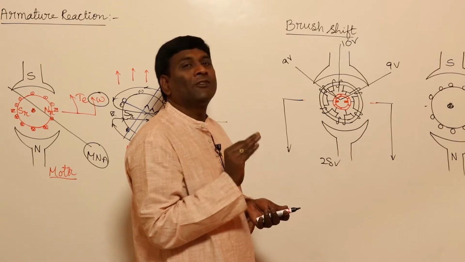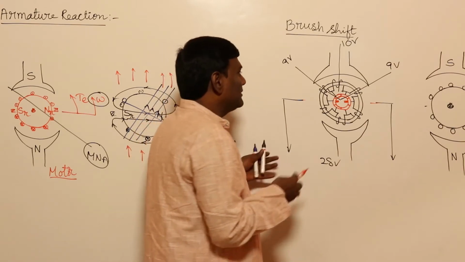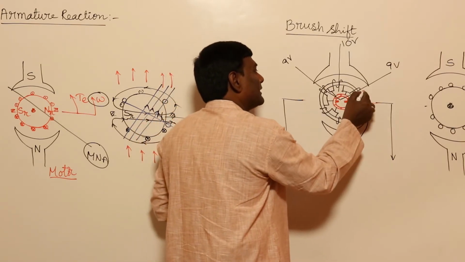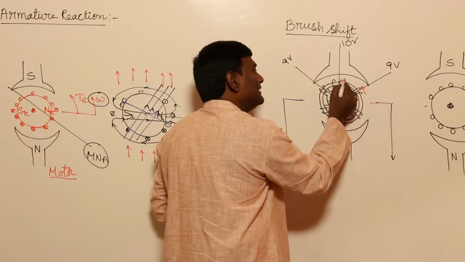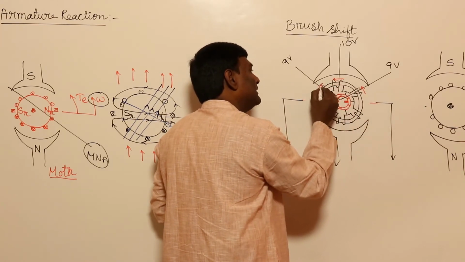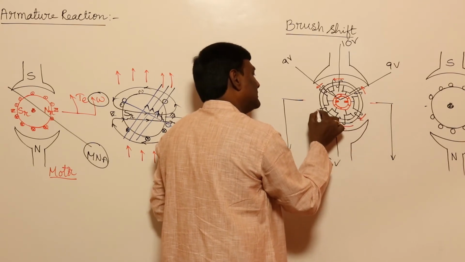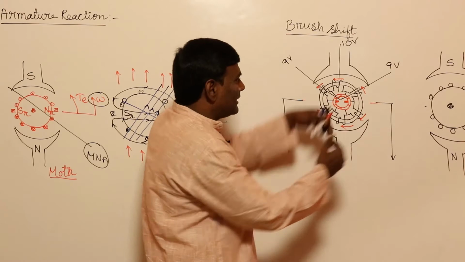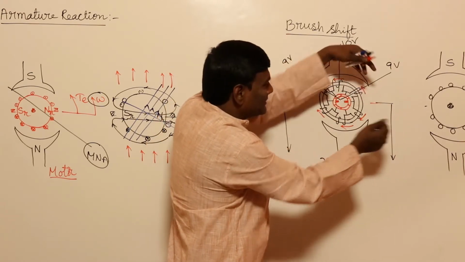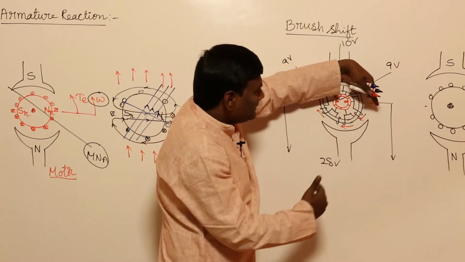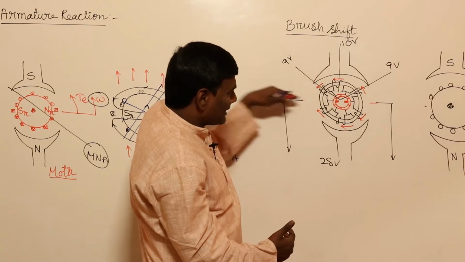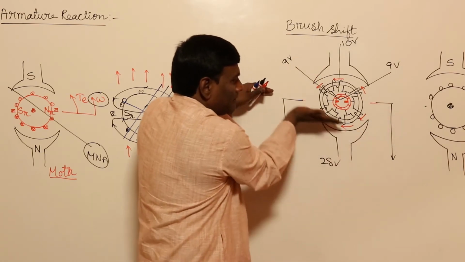Now if you think of current, for example, current is flowing in this direction. This is connected in series with this, and this is connected in series with this, such that IA by A is going to be the conductor current. This conductor current will come out like this, and this conductor current will come out like this.